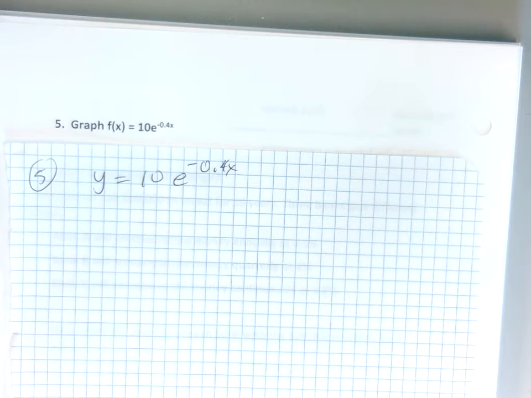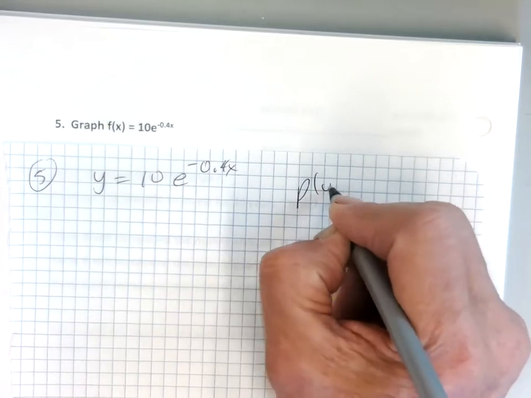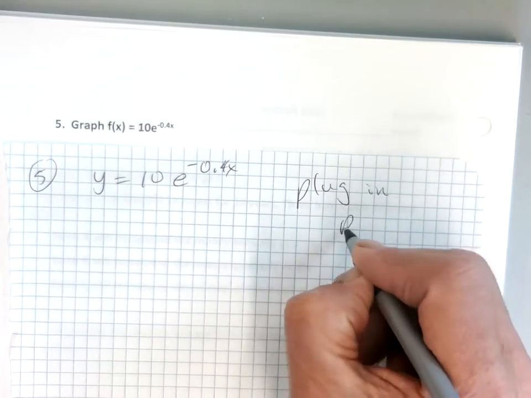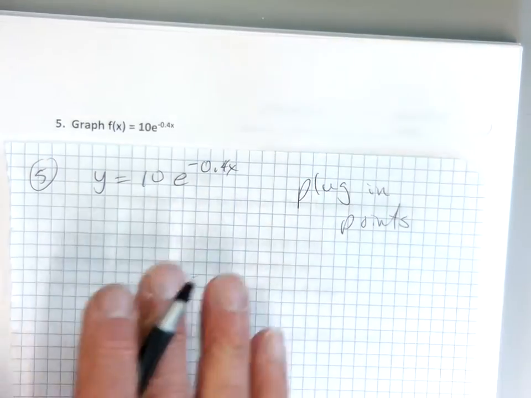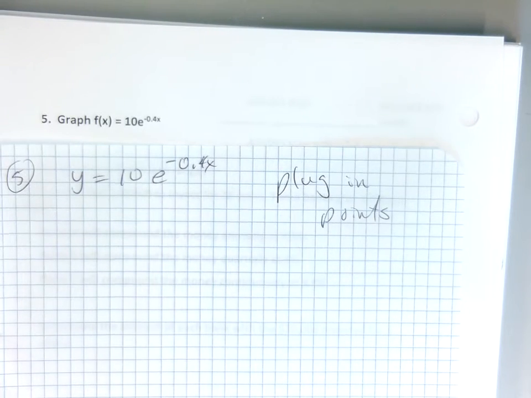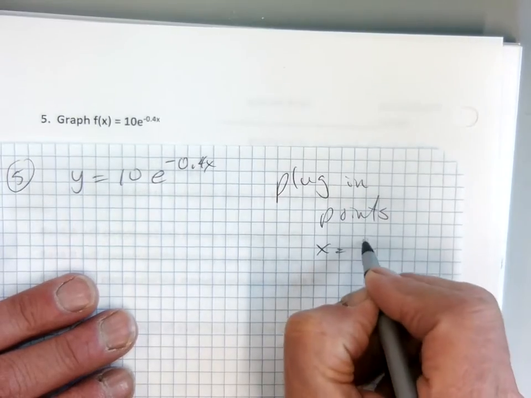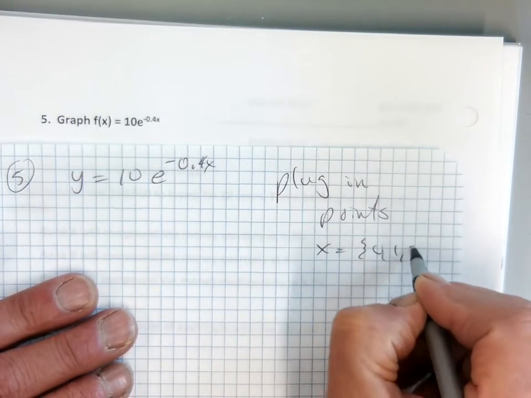But we can always plug in some points. Worst case, right? If we had to plug in points, what points would you pick? What are the easiest numbers you could think of? 0, 1, 2. Yeah, how about even 3? Totally. So let's let x equal 0, 1, 2, and maybe even 3.